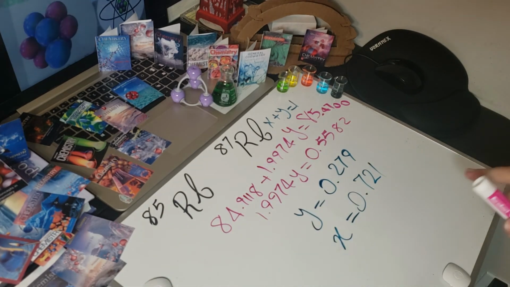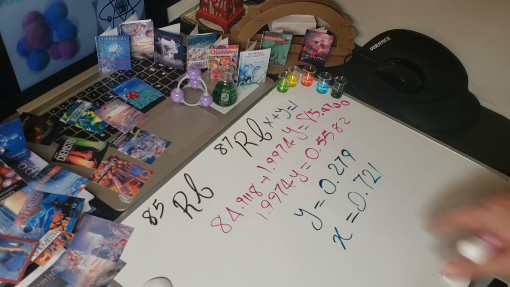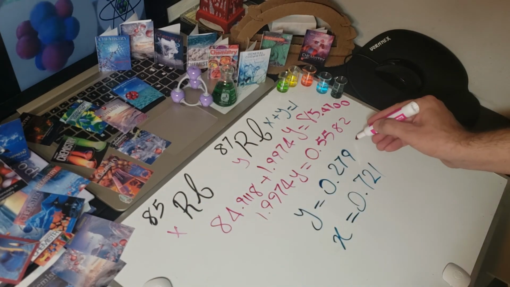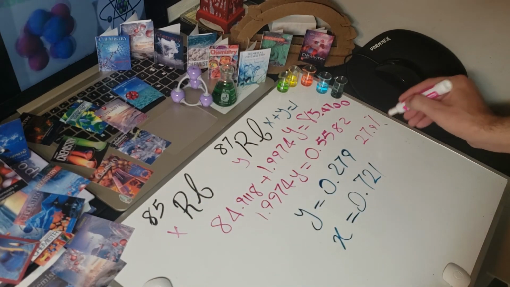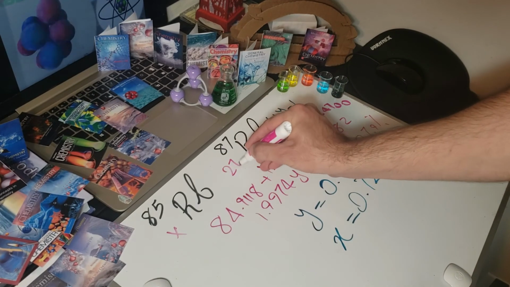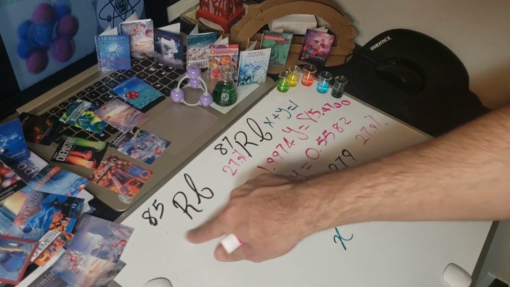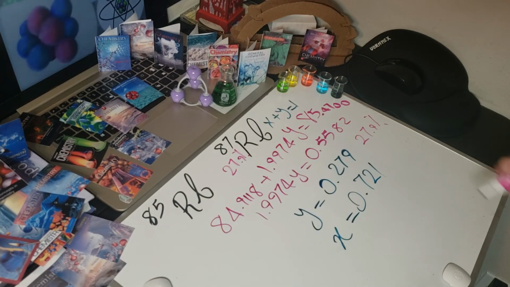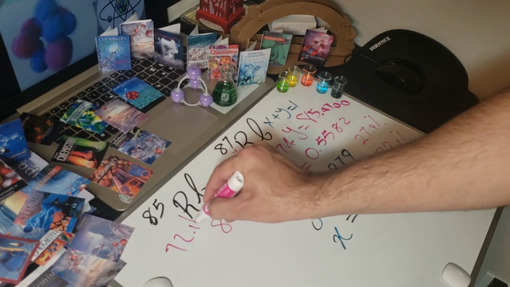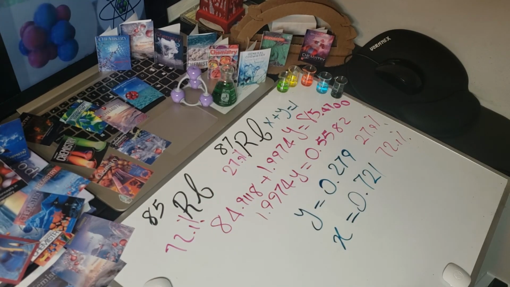The fraction of my heavier isotope, which I assumed as y, was rubidium-87, that was y and this was x. So my y is 27.9%, and for x I could see that this is 72.1%.